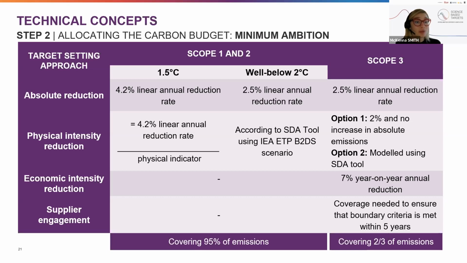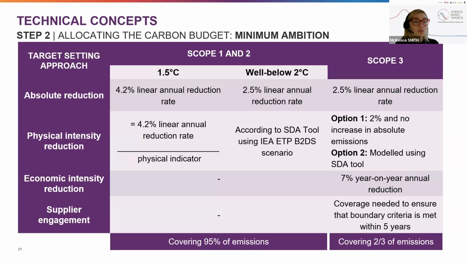However, when we get to scope 3, we have a lot more options, and there's a lot of different interplay you can have between these different target setting methods and your scope 3 emissions. For example, you can set an absolute reduction target, a physical intensity reduction target, an economic intensity reduction target, and you can set a supplier engagement target.